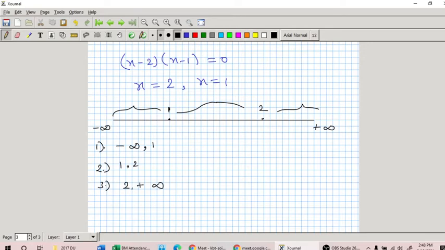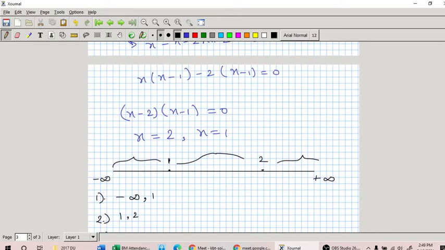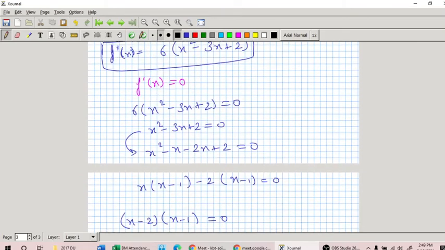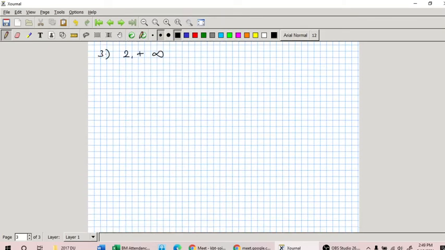And what we do, we just put any value from each interval to check the change in the total production function.